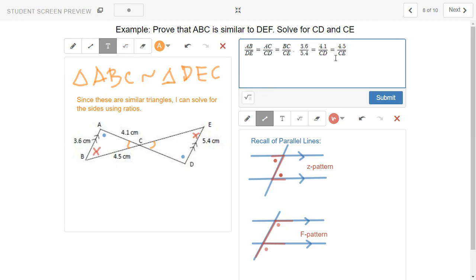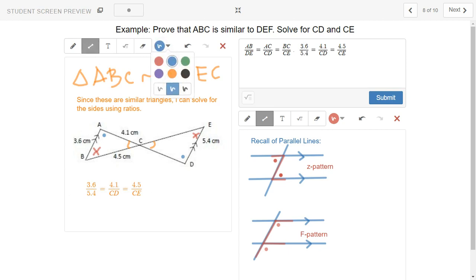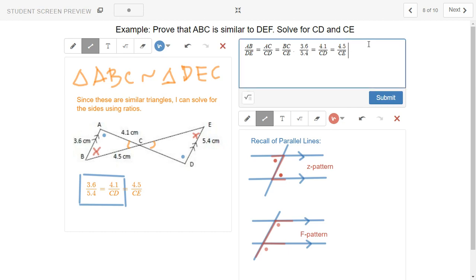Now, this statement has two unknowns. We can't solve two unknowns at the same time, but I can do two of them. So I'm going to first take these two, and then when I solve that, I'll take the last ratio and the first ratio again.